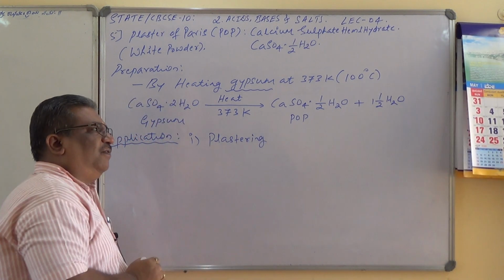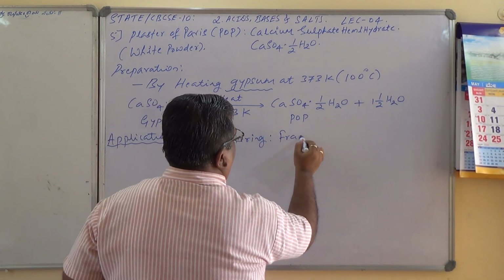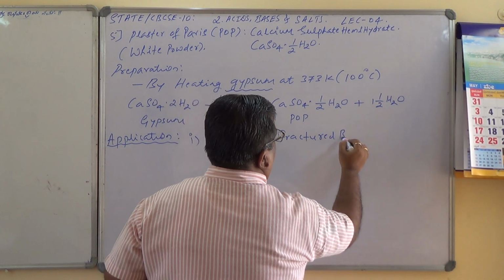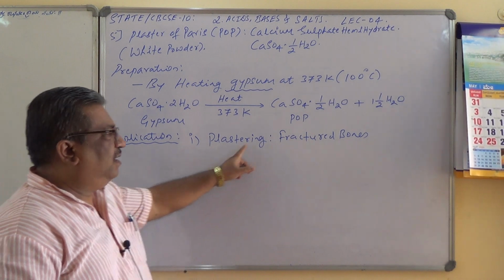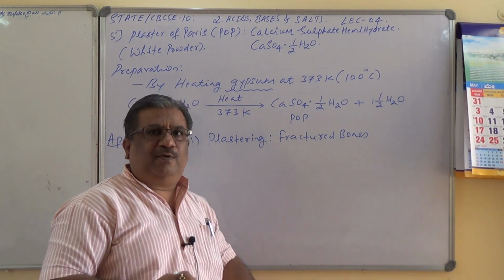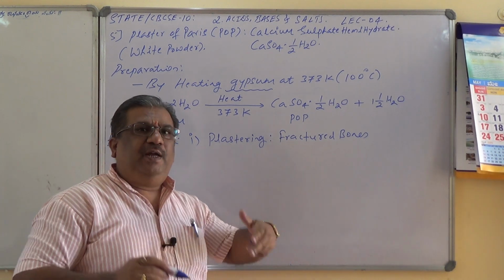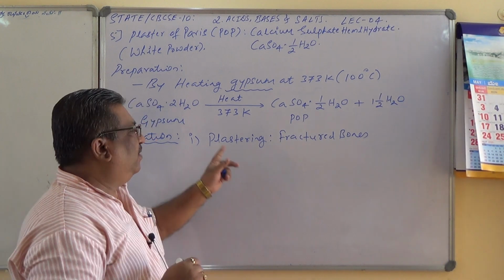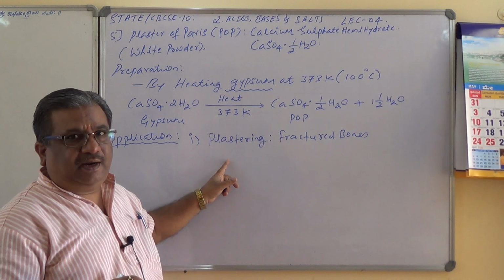It is used for plastering fractured bones to keep them in position. You understood? If the fractured bones are to be kept in position and joined again, then we use plastering material. This plaster of Paris is the plastering material we use.